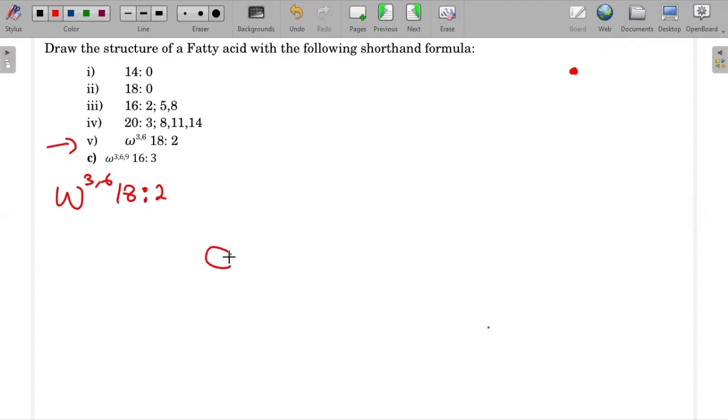So we're going to draw C, double bonded to the oxygen, single bonded to OH here. And now this here is my carbon number 1. So I have to draw now a chain of other 17 carbons because we said this one has 18.